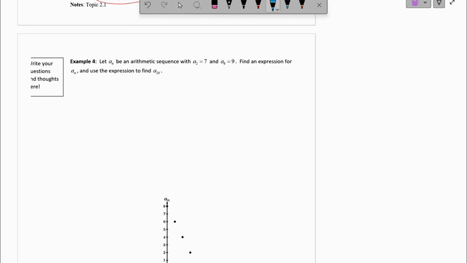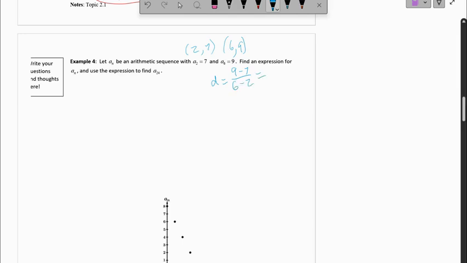Because it's arithmetic and it follows a linear pattern, you could think of these as, again, 2 coordinate points, and find their slope to find the difference, right? So that's 100% allowed. You can do this just like you would a linear function, right? So you would get 2 over 4, which is 1/2.